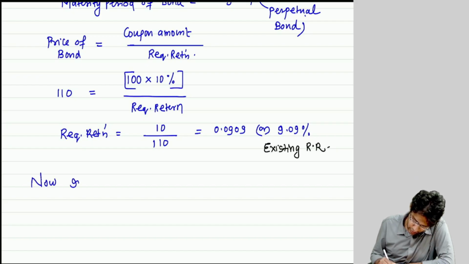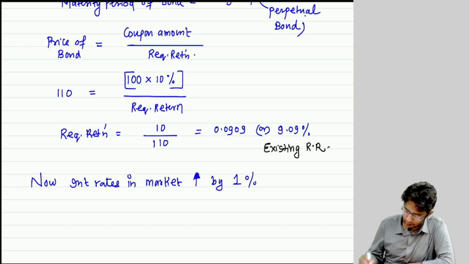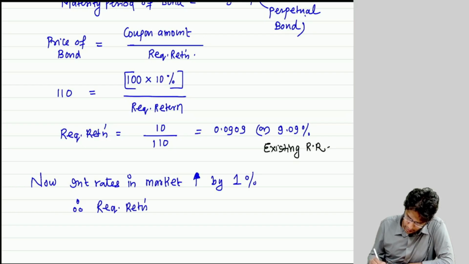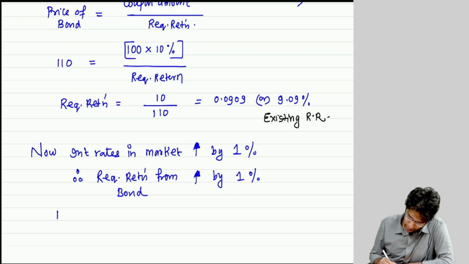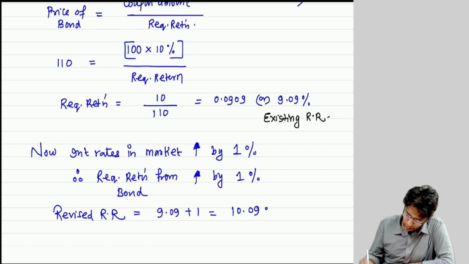Now interest rates in the market have gone up by 1%. Therefore, required return from the bond will also go up by 1%. So what is the revised RR now? 9.09 plus 1, 10.09%.